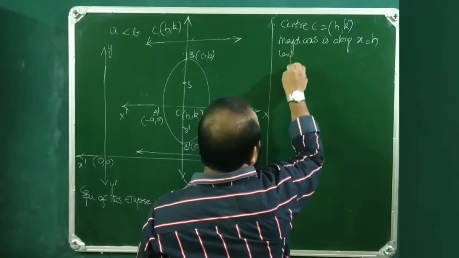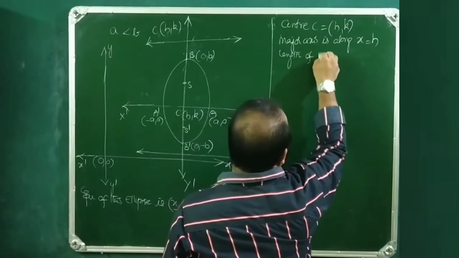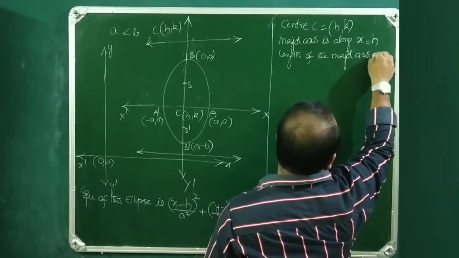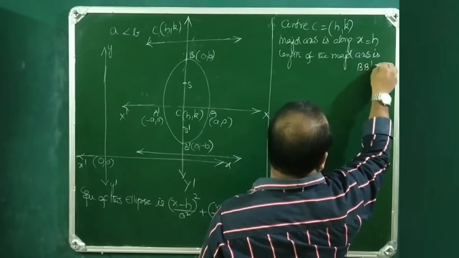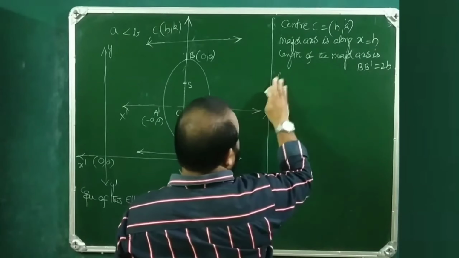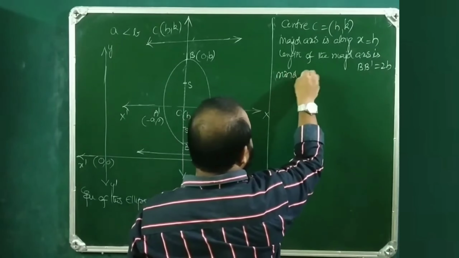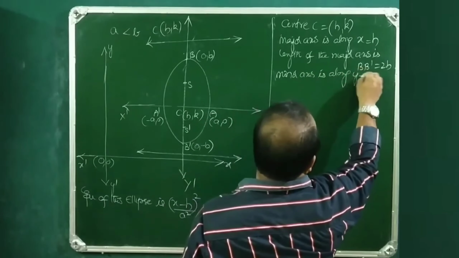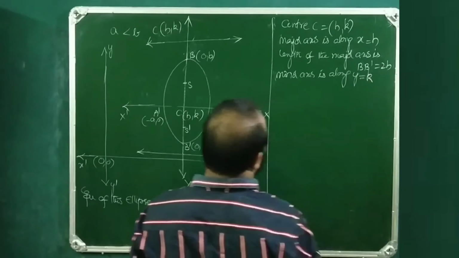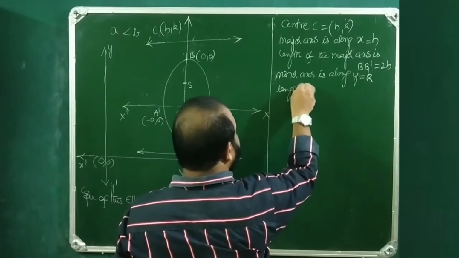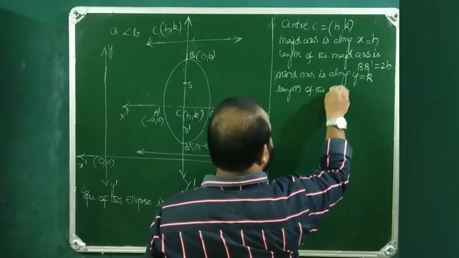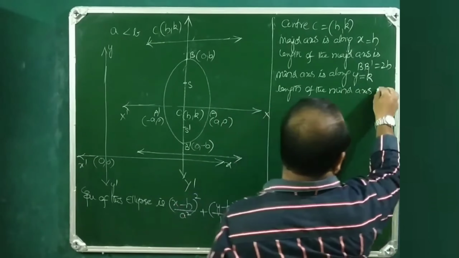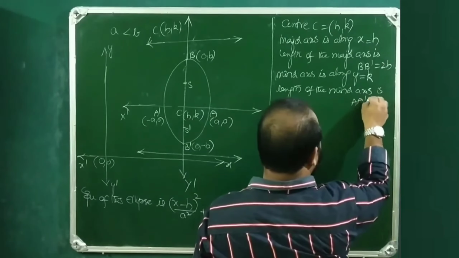So the length of the major axis B dash is equal to 2b. Next, the minor axis is along y equals k. The length of the minor axis A dash is equal to 2a.